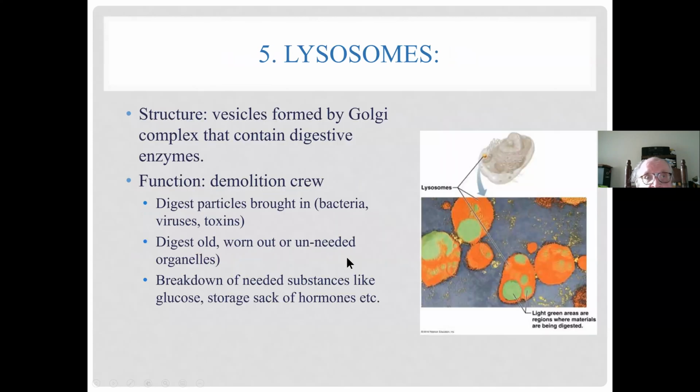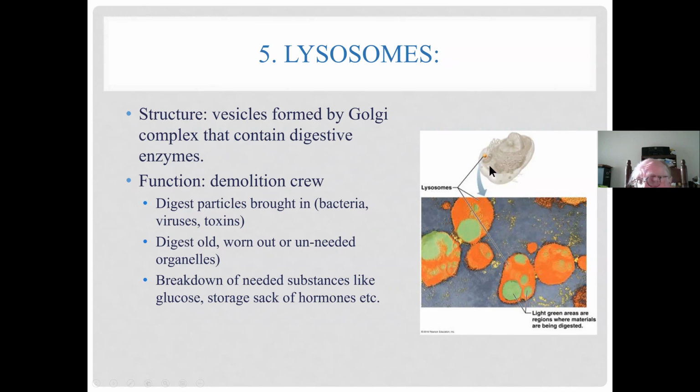Golgi apparatus. Lysosomes. These are the garbage trucks, okay? They are enzymes made the typical way. Signal comes out from the nucleus, made in the endoplasmic reticulum, packaged up by the Golgi apparatus, but they stay inside the cell. These have some of the most powerful enzymes in the body, okay?